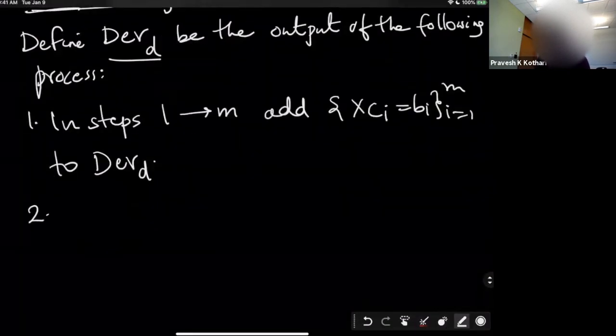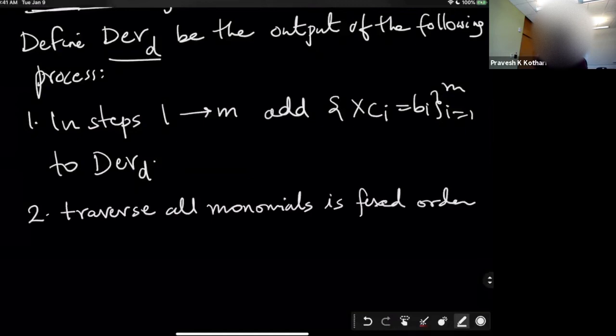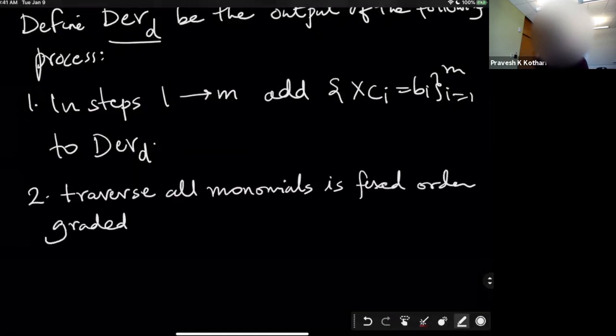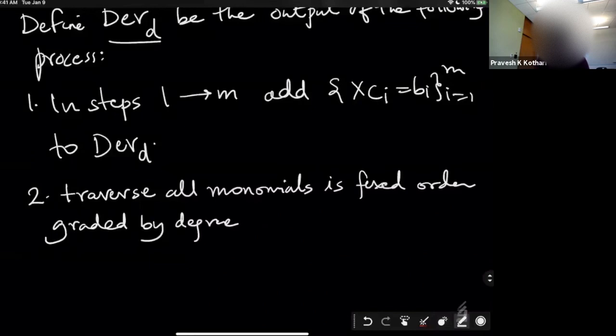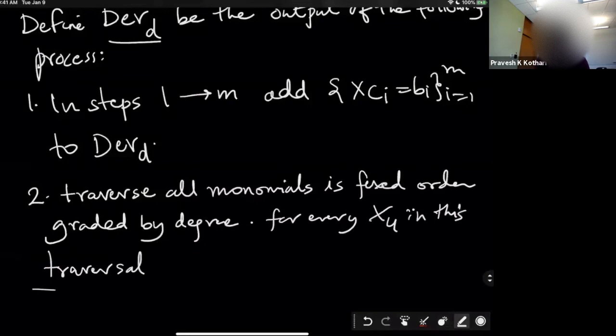And now, traverse all monomials in a fixed order graded by degrees, and for every monomial xu in this order, check if this DERD set contains constraints like this.